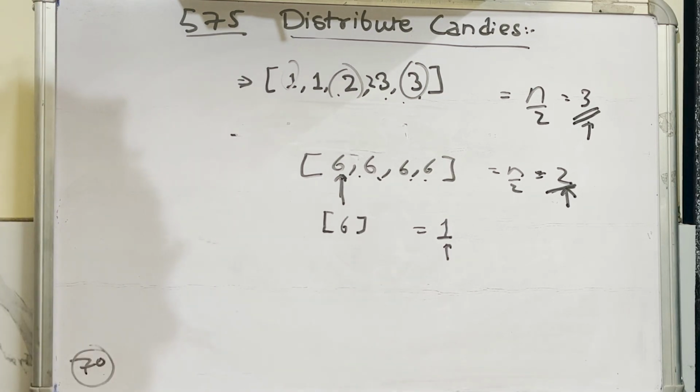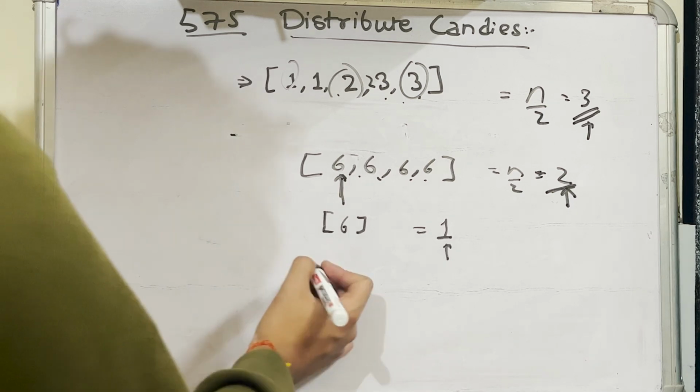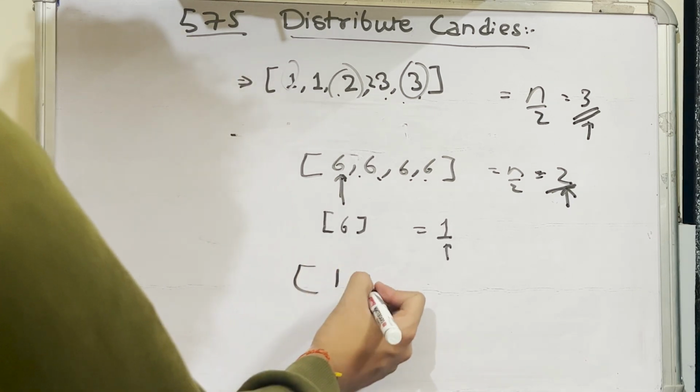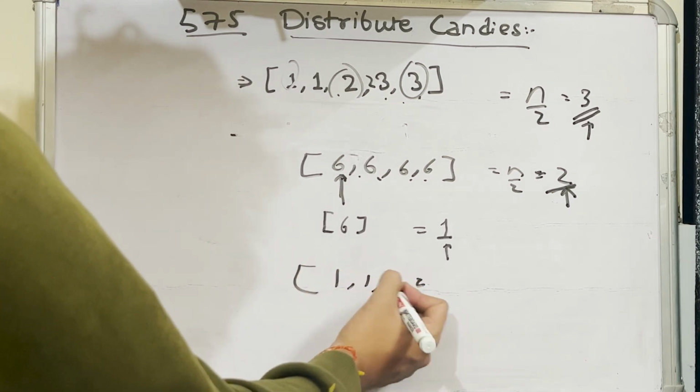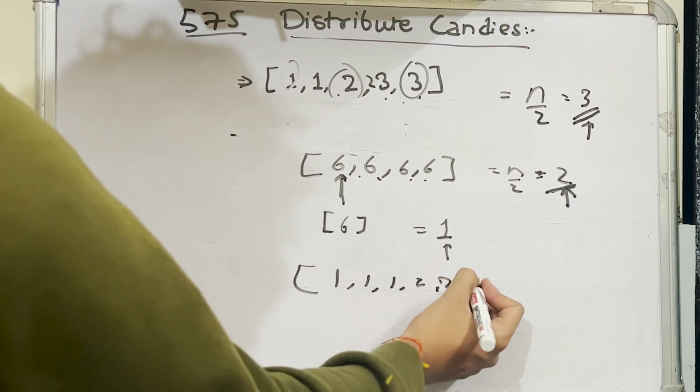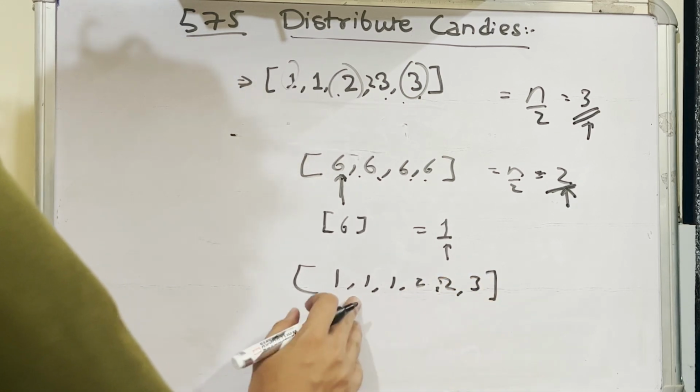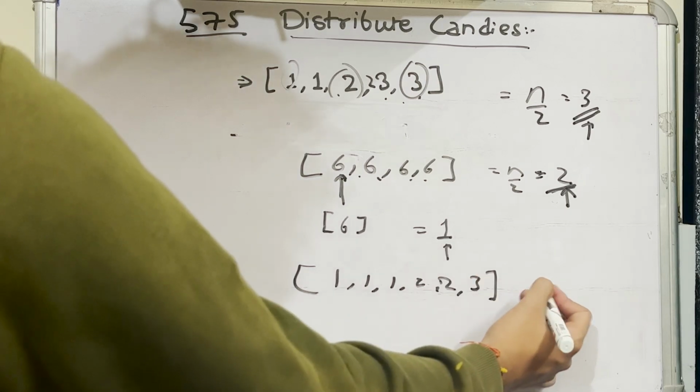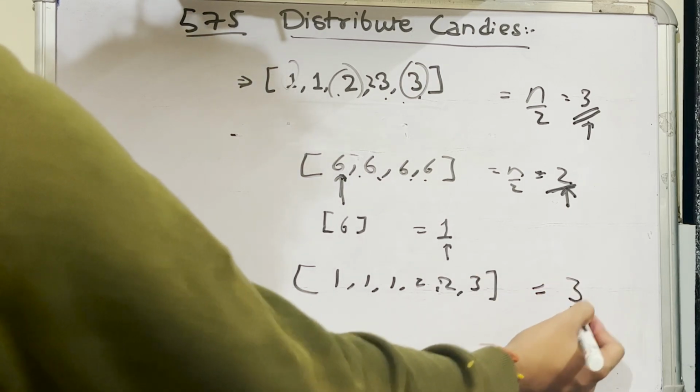And if I give you another example, this will be your array, size is 6, so at most she can eat 3 different types of candies.